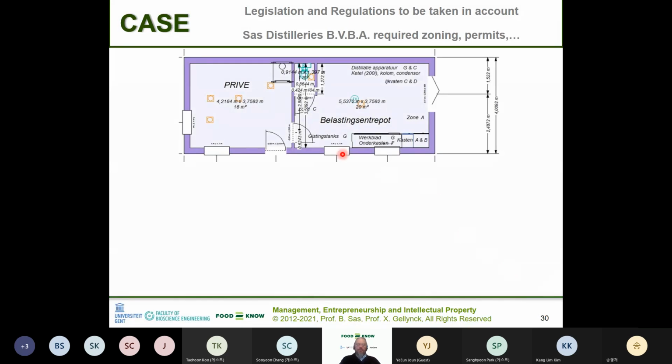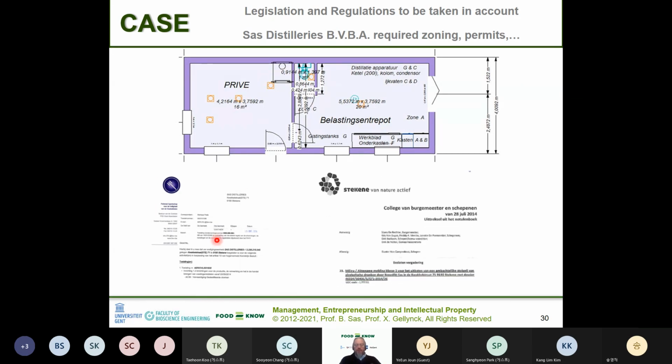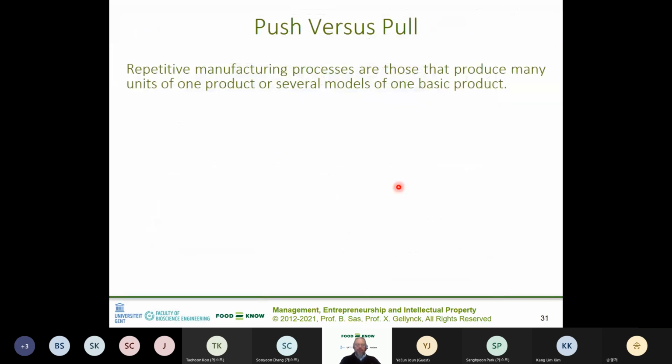So here you see the different zonings, also zonings related to customs and duties. Taking into account all the permits, so from the Federal Agency of Food Safety, the environmental permit of the local town, and then all the permits, of course, of customs and duties.